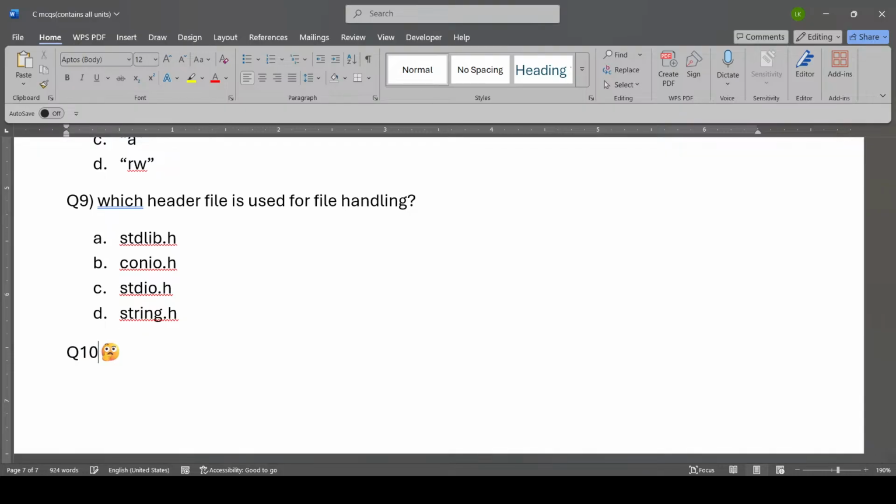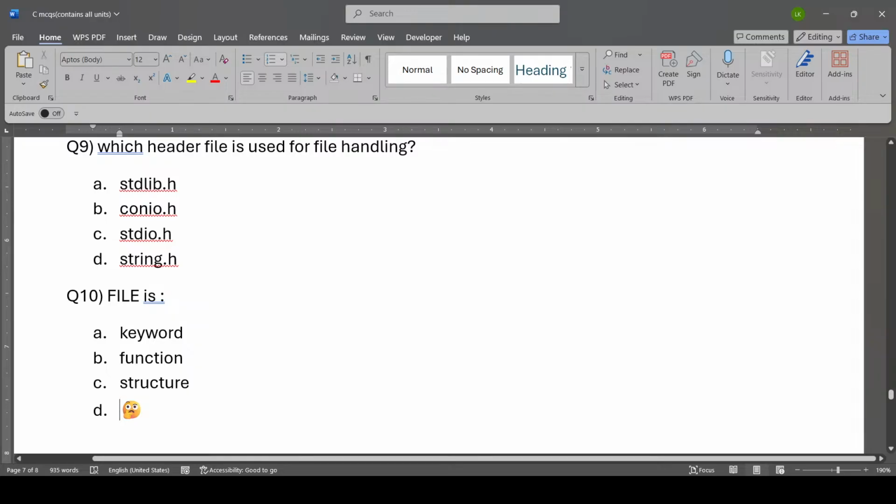Question number 10. So what is question number 10? I'm just writing here: FILE is, first, a keyword; next, a function; next, a structure; next, a variable.